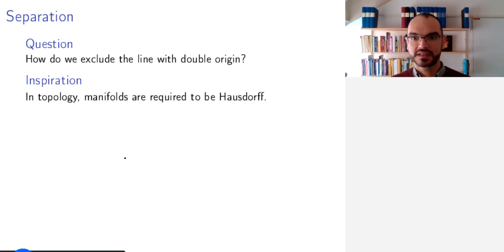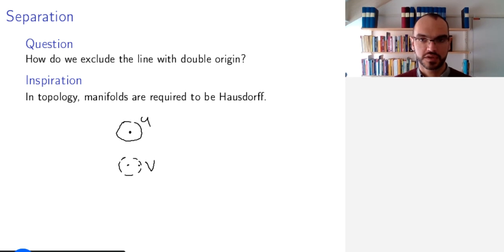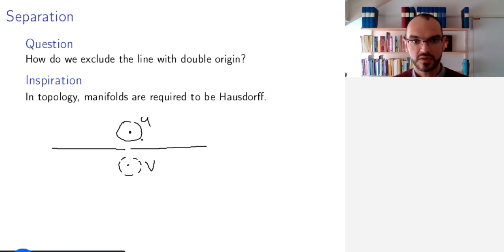Hausdorff means that given any 2 points, you should be able to find an open set U containing 1 point and an open set V containing the other point, and these open sets should not intersect. This excludes the line with 2 origins because any such U and V will have to contain some other points, and then they cannot intersect in an empty set. They have to have a non-empty intersection.